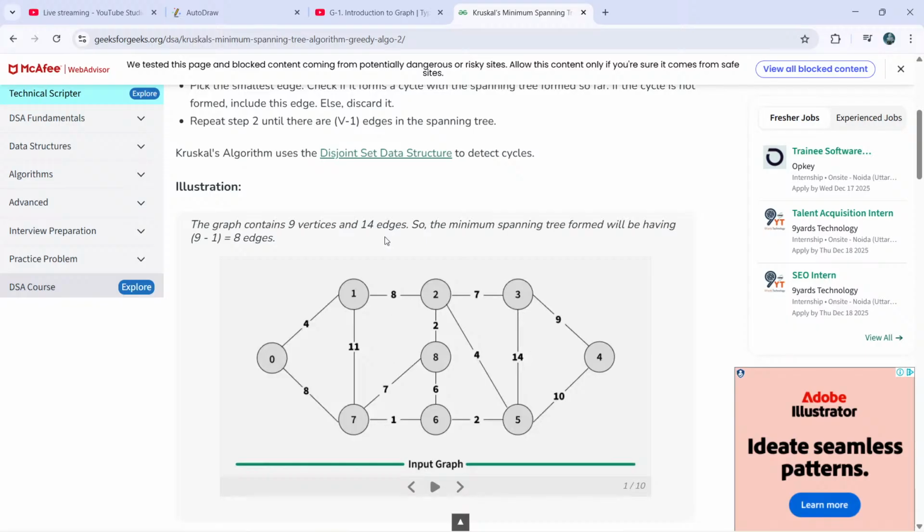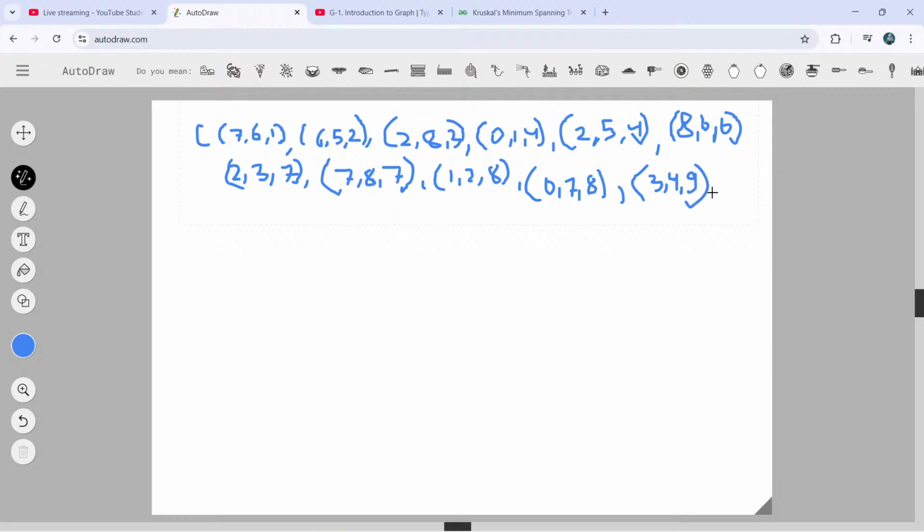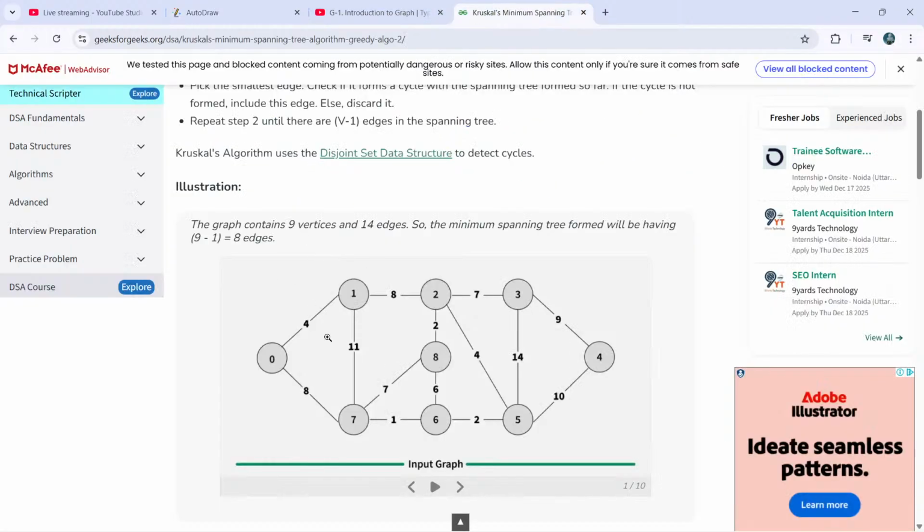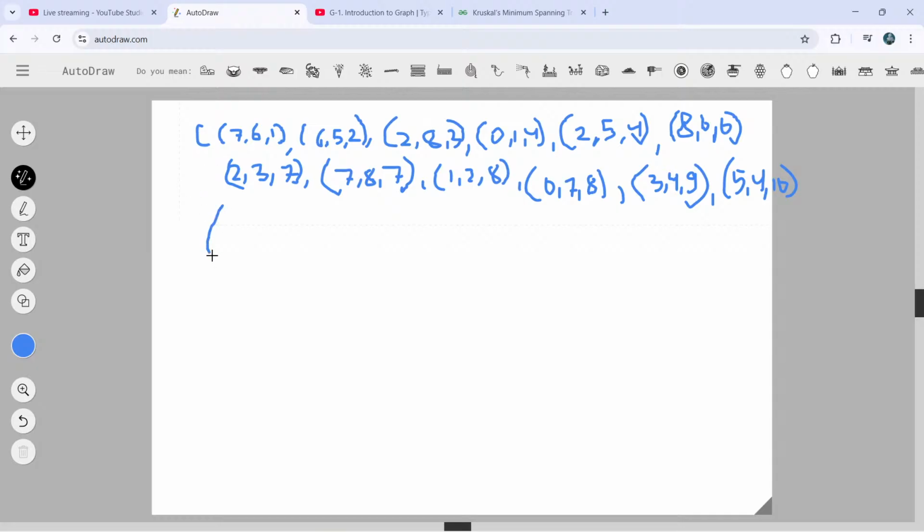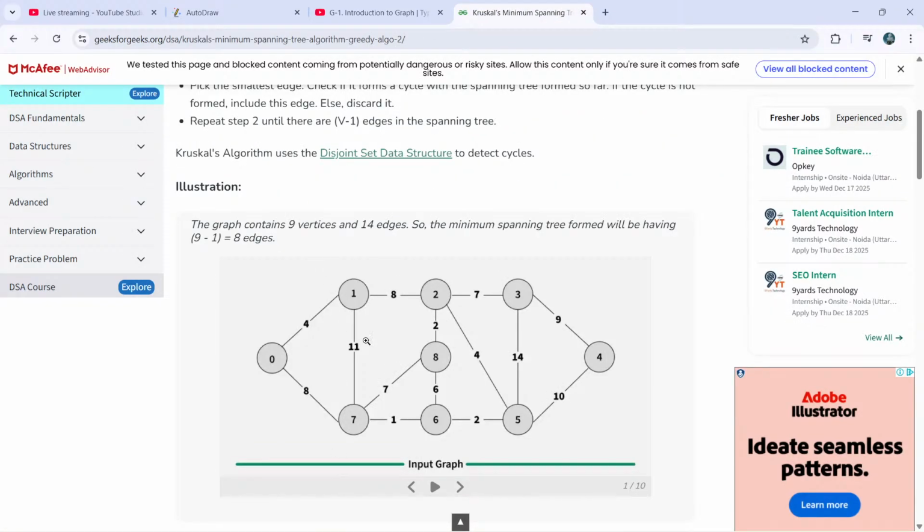Then we have 5 4 with weight 10. Then we have 1 7 with weight 11. Then we have 3 5 with weight 14.